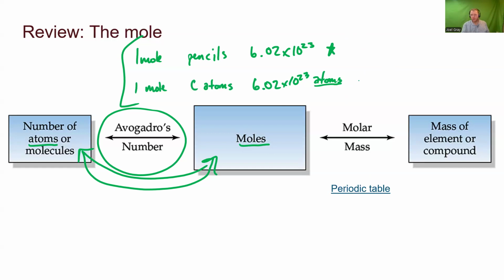Absolutely. And if I'm looking at this and I'm like, well, how much does that weigh? Well, I'd look at the periodic table and I'd see it's approximately 12 grams. So if 1 pound is 454 grams, you're absolutely right.